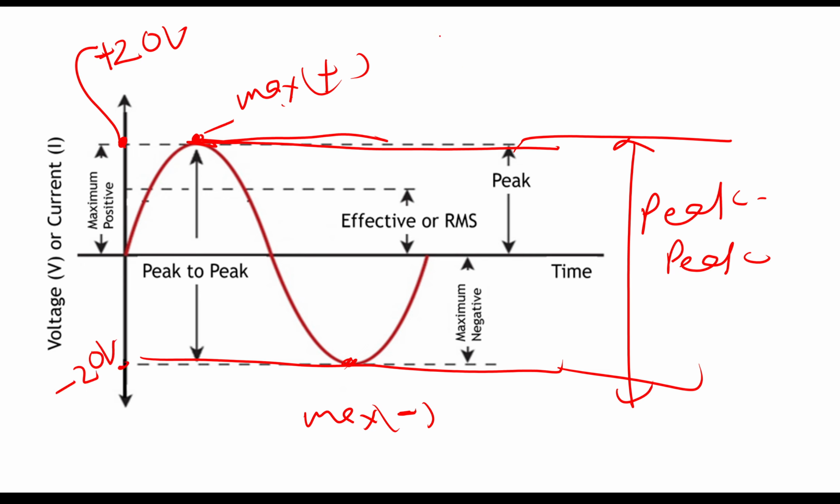So what is the value of the peak to peak voltage? The peak to peak voltage is the voltage from here to here, and we have to ignore the sign.